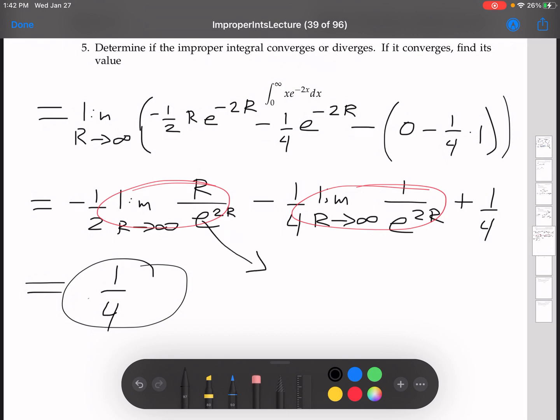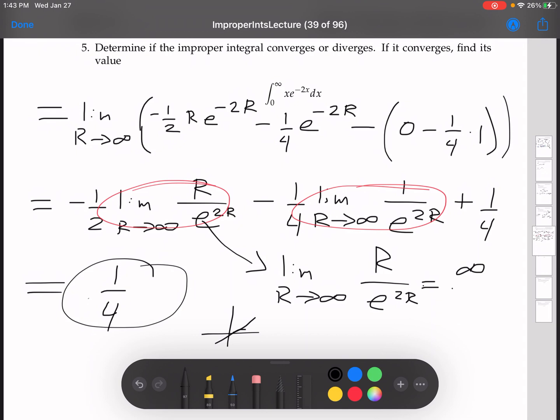Let me show you this. The limit as r approaches infinity. If you don't like using the dominance, you can use L'Hopital's rule. r over e to the 2r. The function y equals r, that's y equals x, goes to infinity.